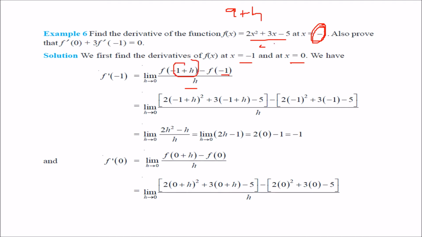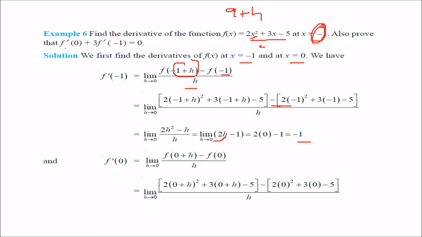Just place minus 1 plus h at all the locations where x is there, and solve it. Take h common and place h tends to 0. When you are done with all the simplification, the answer will be minus 1.